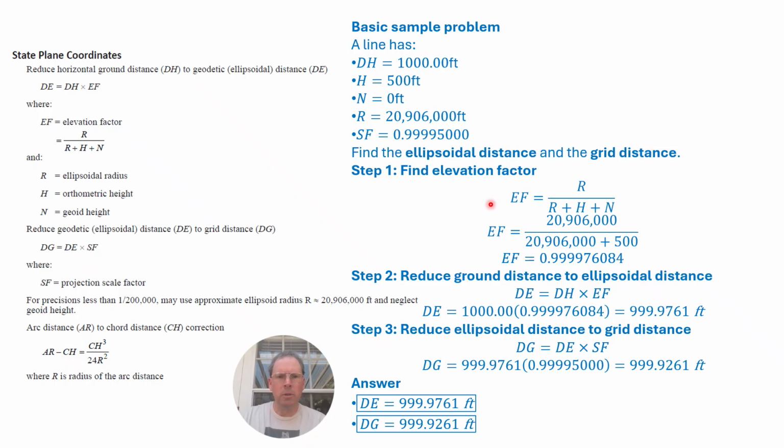So we can use this equation here for the elevation factor. Put in your terms. And step 2, reduce the ground distance to ellipsoid distance using this formula here. Solve for dE. And then you can reduce the ellipsoidal distance to a grid distance. Solve for the dG with this equation. And you get these answers here.